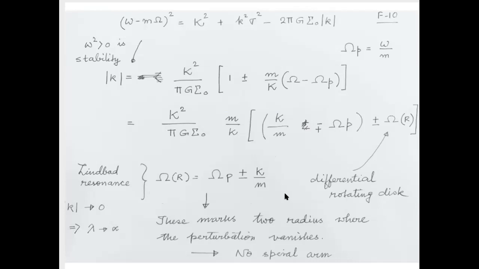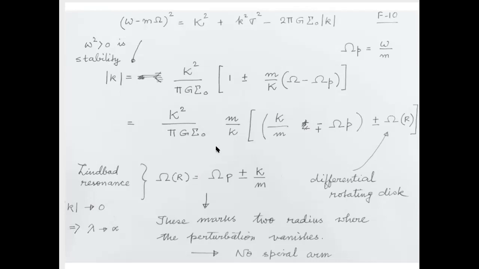This will be the case for most of the elliptical galaxies and the bulge in spiral galaxies. And then we have seen that spiral structures can exist because this mod k is not infinity inside the two Lindblad radii.